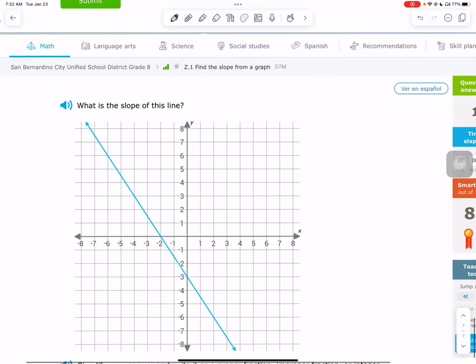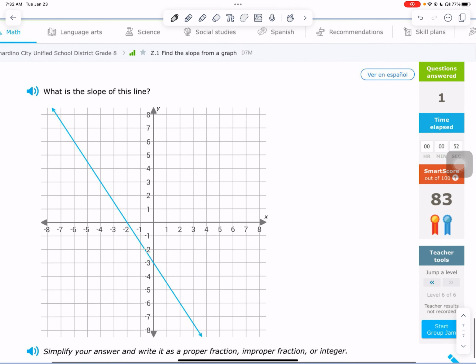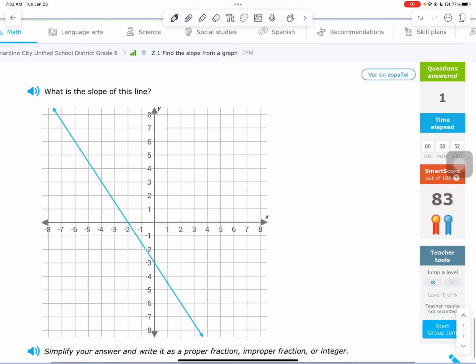Okay, last one, last problem. I'm going to find 2 points. I've got a point there, and I have a point right here. So I will draw my right triangle. I will count my rise, 1, 2, 3. I will count my run, 1, 2.